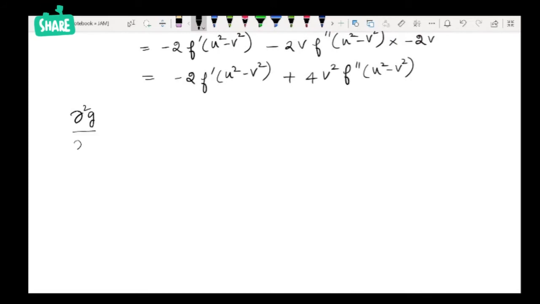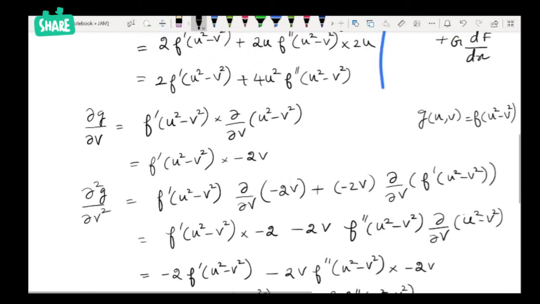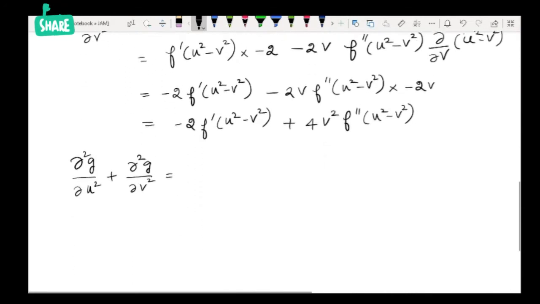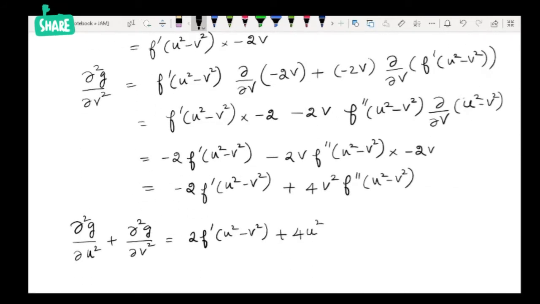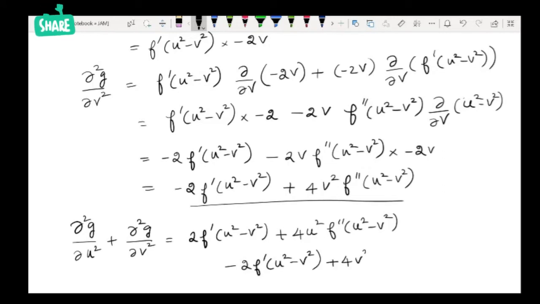Del square g by del u square plus del square g by del v square is equal to 2f dash plus 4u square f double dash, that is 2f dash of u square minus v square plus 4u square f double dash of u square minus v square, and the next term is minus 2f dash of u square minus v square plus 4v square f double dash of u square minus v square.